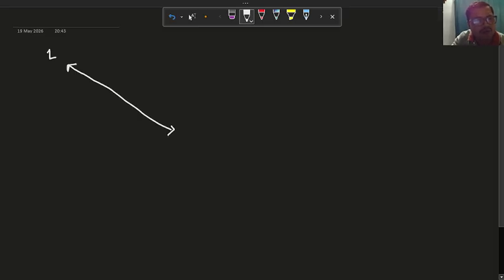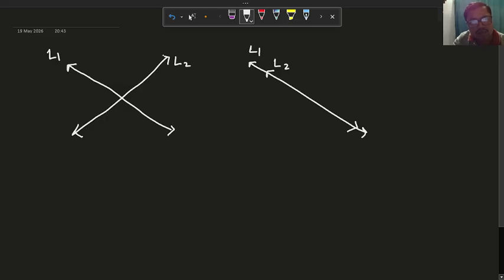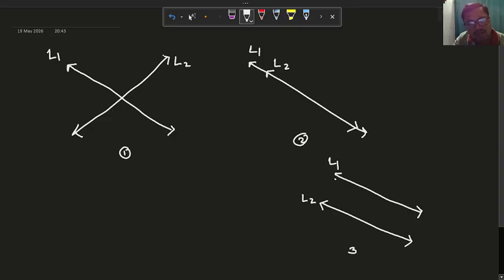Suppose it is line 1 and this is line 2, and here line 1 and line 2, and here line 1, line 2. Okay. Condition number 1, condition number 2, condition number 3.